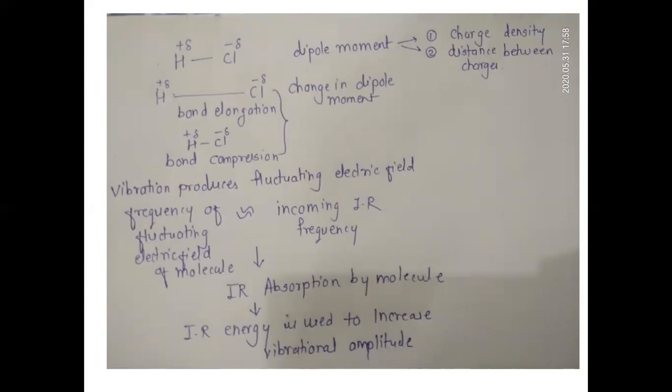Now when this interacts with infrared radiation, if the frequency of the infrared radiation matches the vibration frequency of a bond, then only will the molecule absorb infrared radiation. After absorption, this energy is used for increasing the vibrational amplitude.